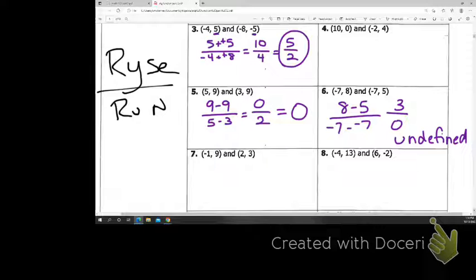So when I see that my x's are the same, my slope is going to be undefined because the bottom of the fraction would be 0. When I see that my y's are the same, my slope is equal to 0. And if you did make a graph, you would see that number 5 makes a horizontal line and number 6 makes a vertical line.